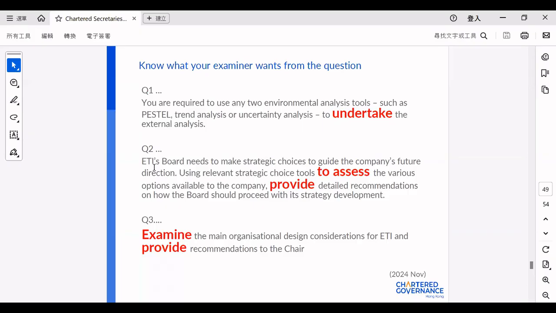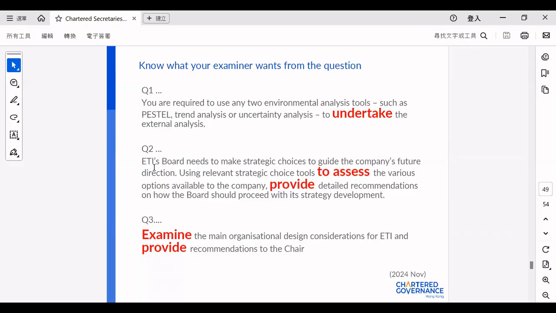So question two is to use the tools to assess the various options. So you have to assess the options and provide the recommendations, right? So you have to recommend something, assess something, and provide something.